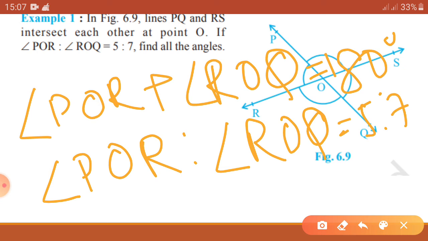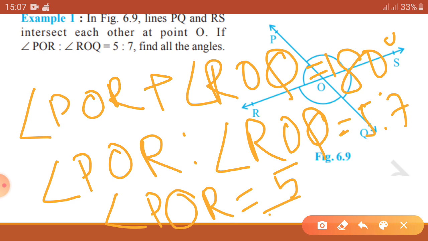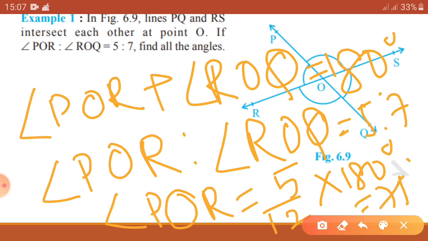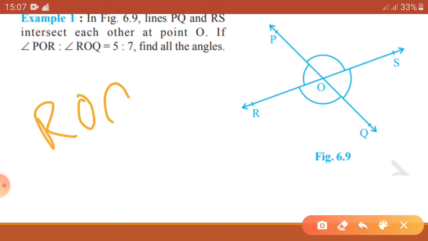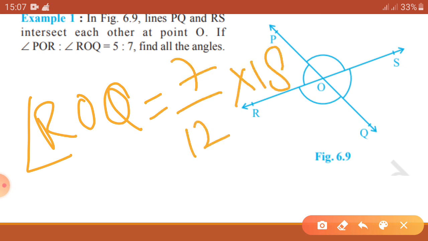Therefore angle POR equals 5/12 into 180 degrees. 5/12 means 5 over 5 plus 7. So 5/12 into 180 gives us 75 degrees. Similarly, angle ROQ equals 7/12 into 180 degrees, which gives us 105 degrees.